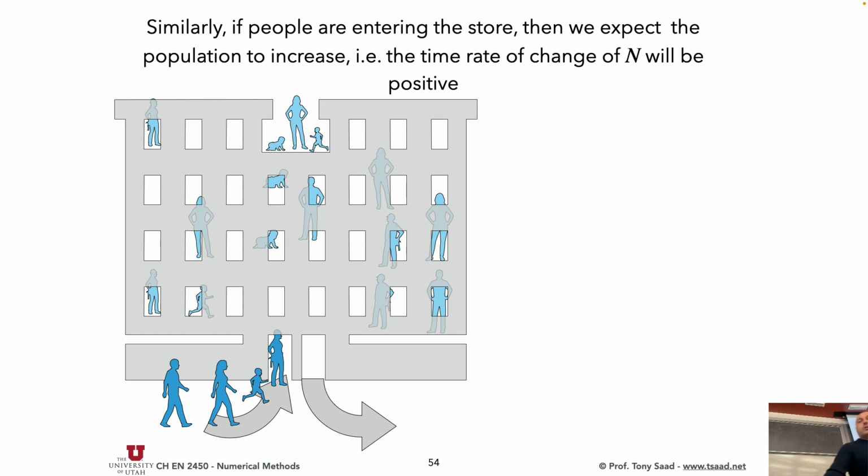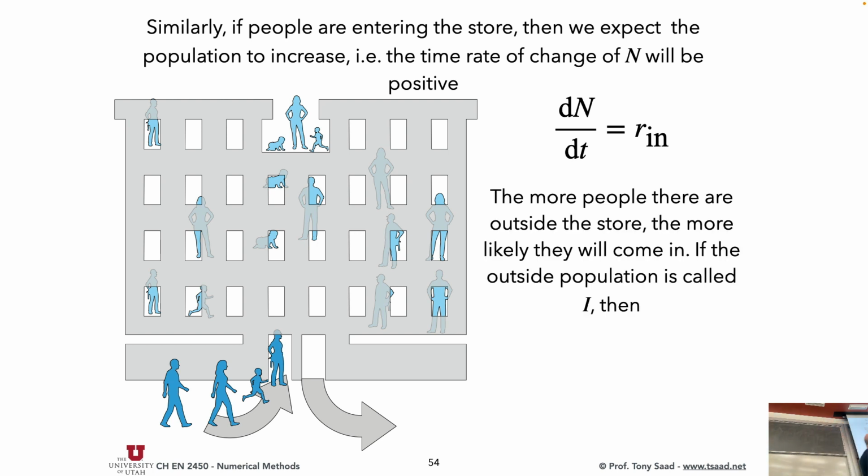So in this case, if people are coming in, we expect the rate to be proportional to the number of people coming in. You could argue that the rate, R in, is proportional to the population outside the mall. So you could say this is equal to some coefficient beta times the population outside of that mall.